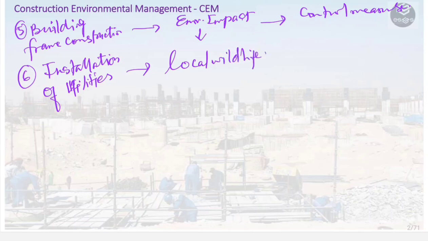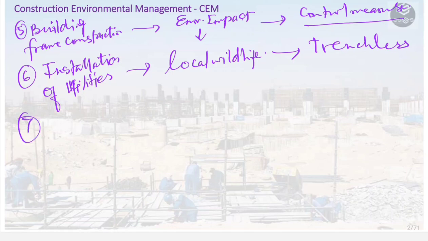Also, excavation may expose contaminated soils, or it can disrupt the groundwater flow. Then we use certain control measures. What can be the possible control measures? Use trenchless technology where feasible and monitor soil and water quality throughout the installation process.